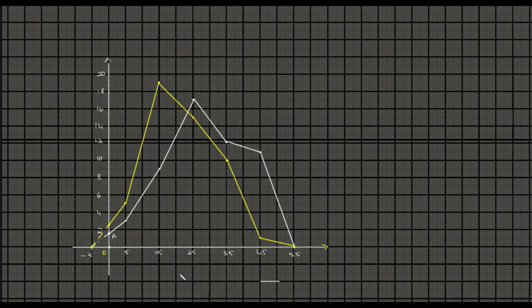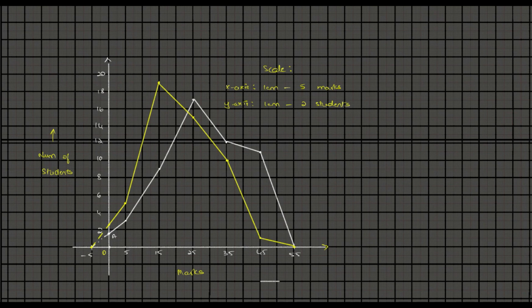So this is your marks. And this is your number of students. And what else do we have? Then we have scale. For every centimeter along the x-axis, we have 5 marks, and along the y-axis for every centimeter we have 2 students.